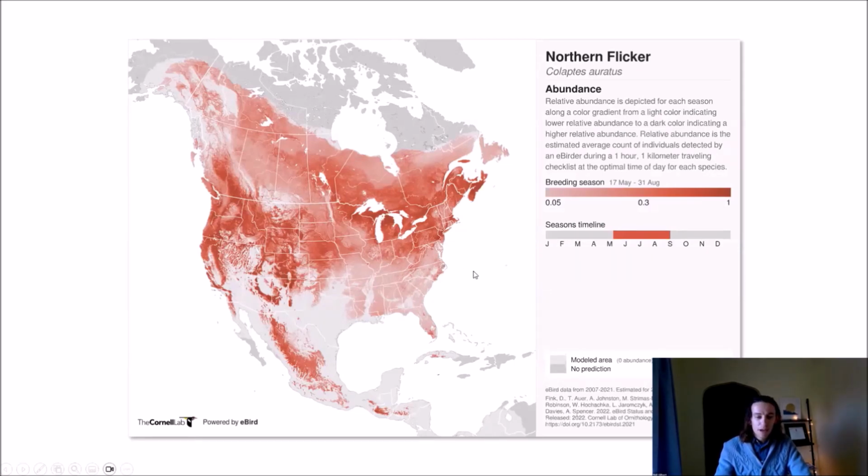This is from eBird data using the eBird state-of-the-art species distribution modeling methodology. And that is certainly one common application of SDMs, generating these predictive maps across broad scales, continents, global. But that isn't the only application of SDMs.